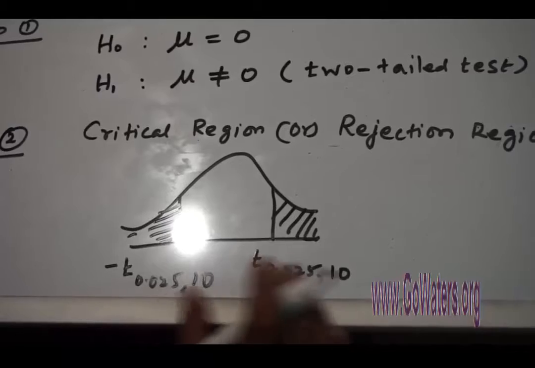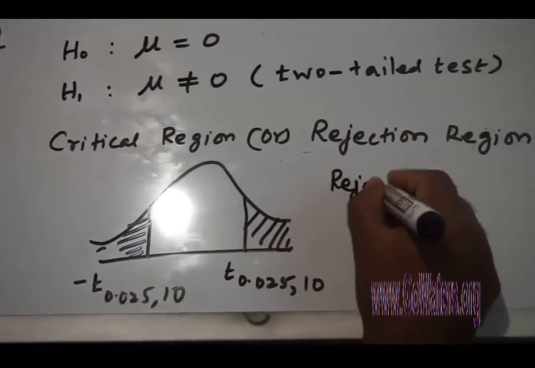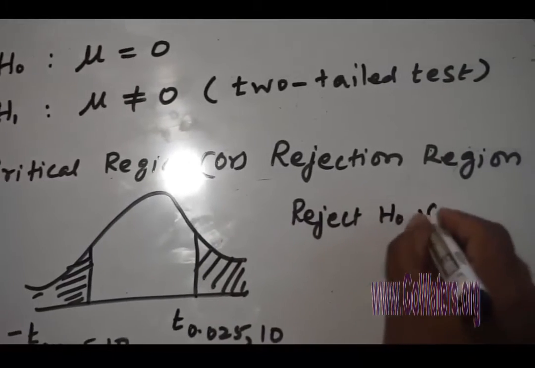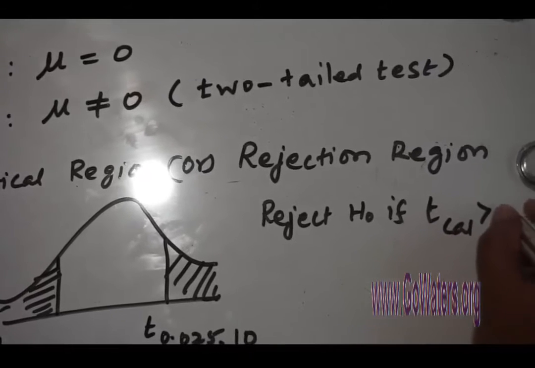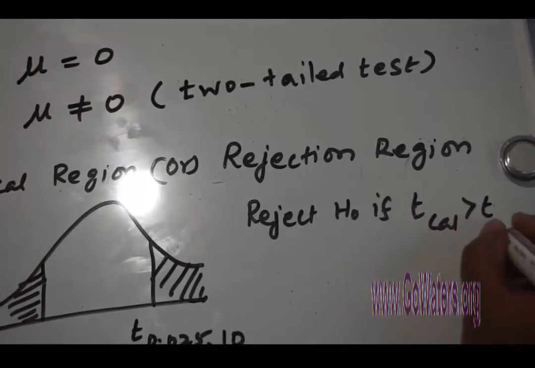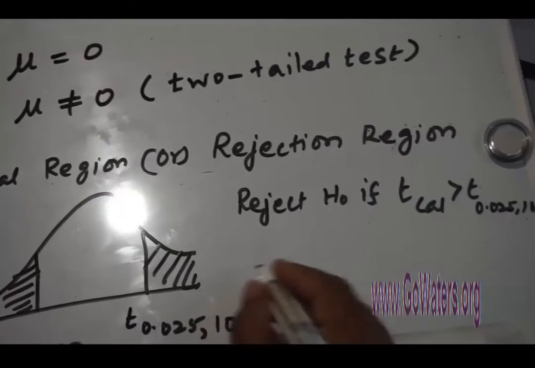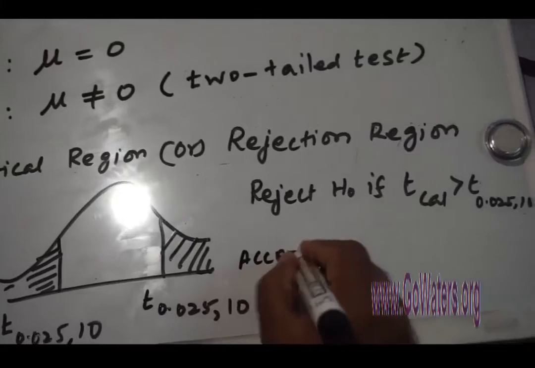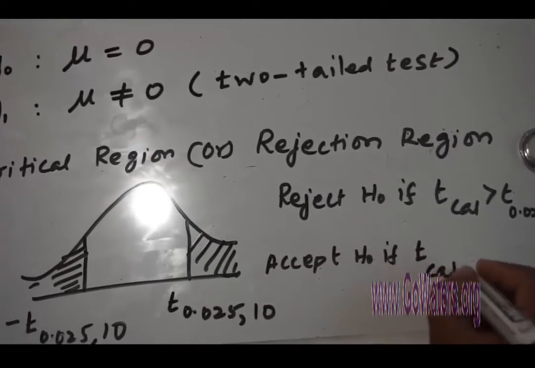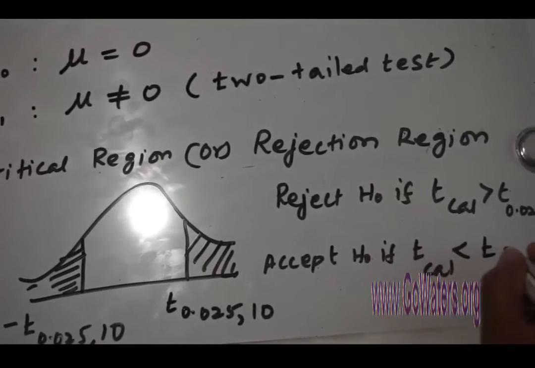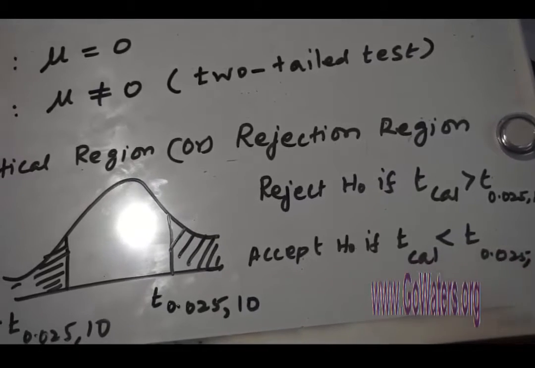So what is the decision here? Reject H0 if T calculated value is greater than T 0.025, comma 10. Accept H0 if T calculated value is less than T 0.025, comma 10.